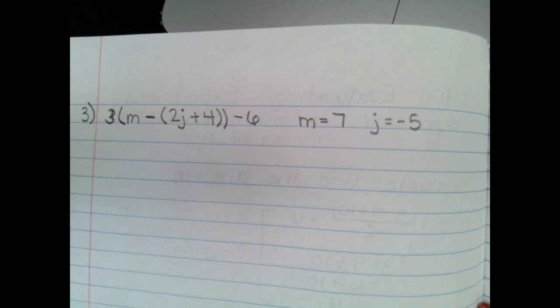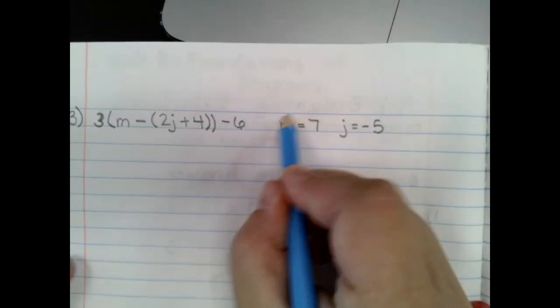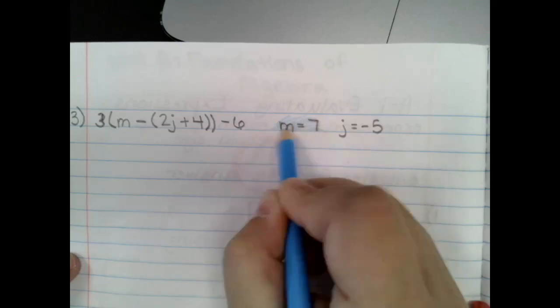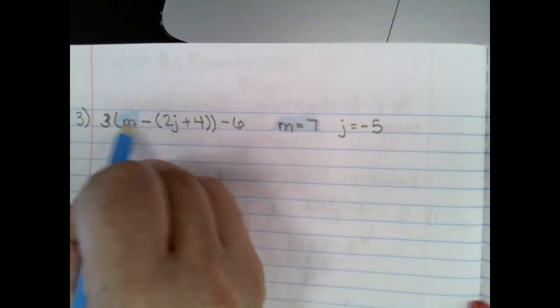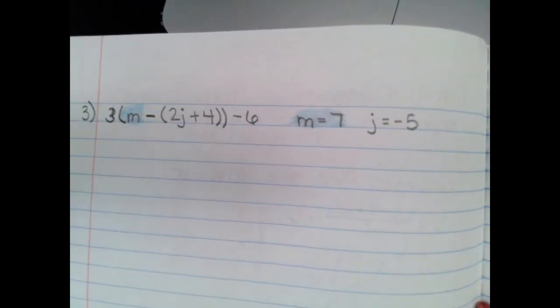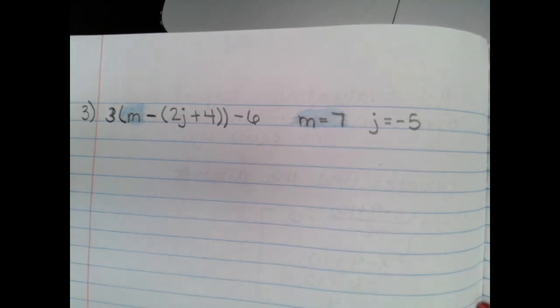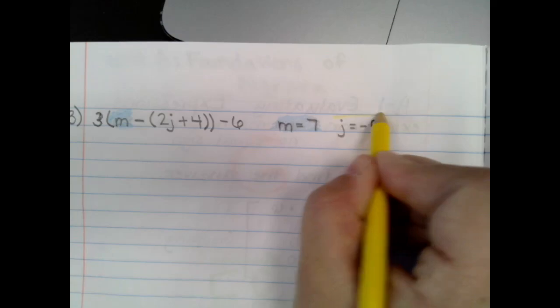Not on purpose, but because of that. I'm going to take a moment to color code. So my m is 7. If you'd like to color code, you can. You do not have to. It just can help. And j is negative 5.